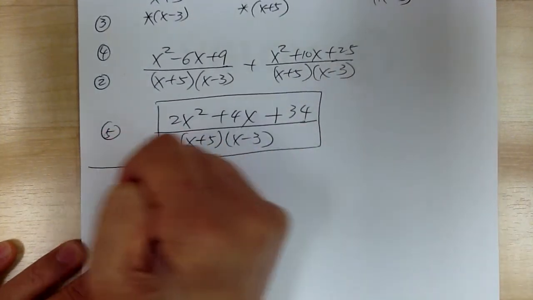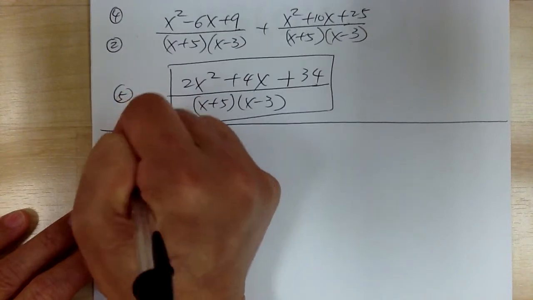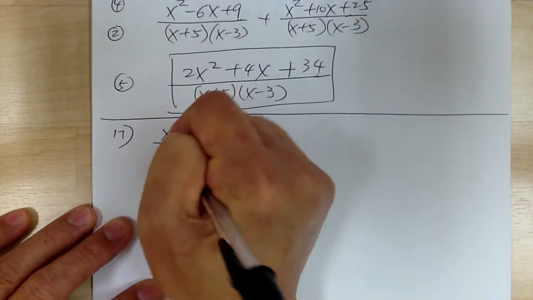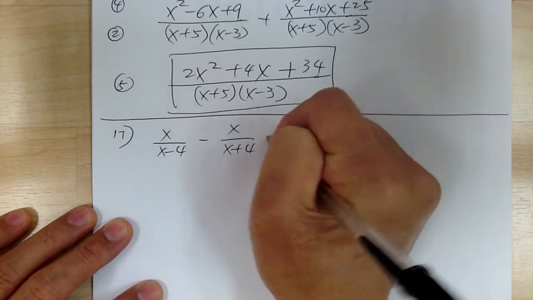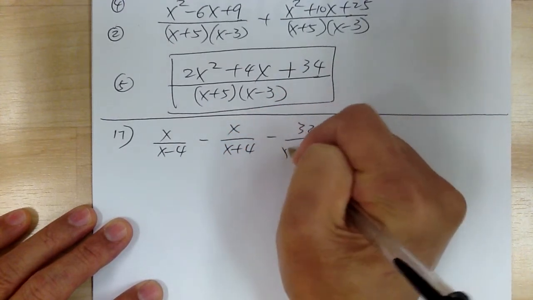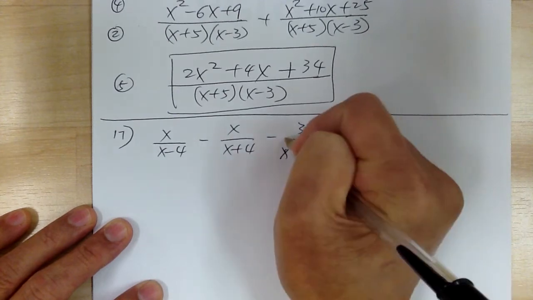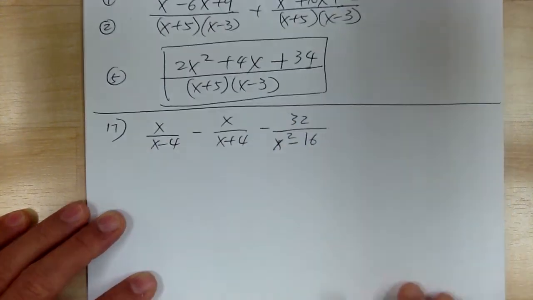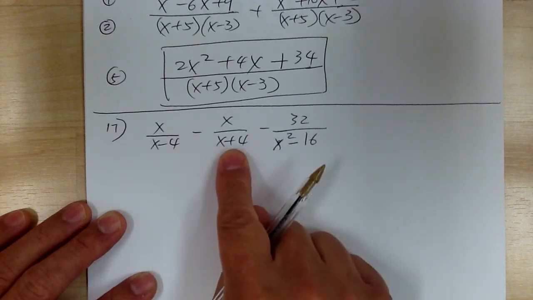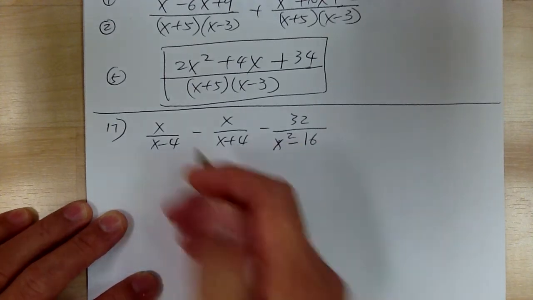Okay, let's go to 17. You have x over x minus 4 minus x over x plus 4 minus 32 over x squared minus 16. So when you have addition or subtraction, you have to check for factoring. So this one cannot factor, but this one you can factor, right?